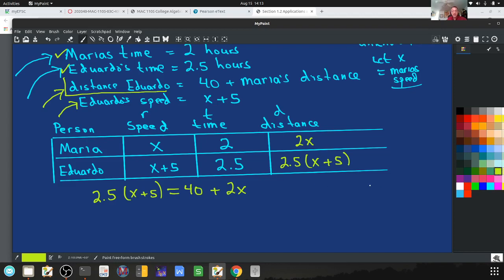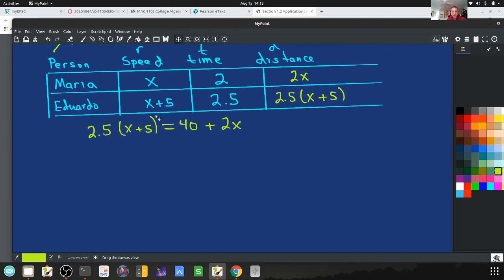I have an equation, and I can solve for x. And that's exactly what we're going to do. So 2.5 times x is 2.5x. And 2.5 times 5 is equal to 12.5. And that's equal to 40 plus 2x.